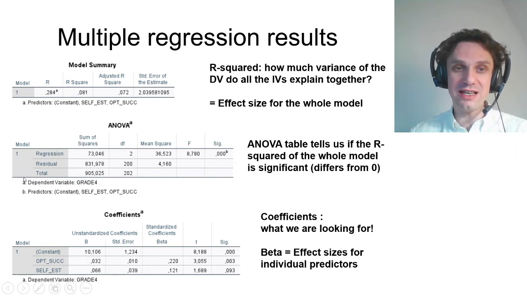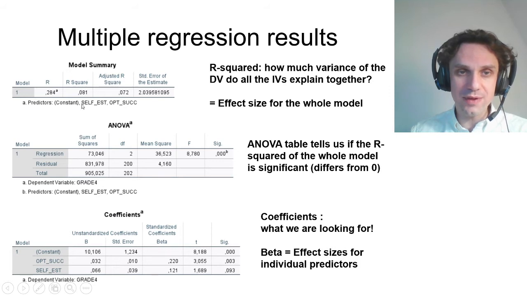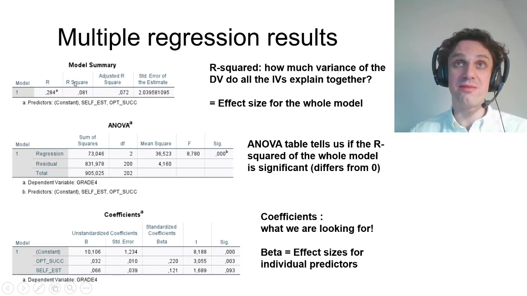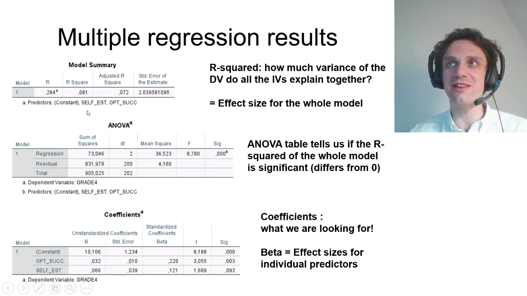And here we see that about 8% of variance in school achievement is explained by these two psychological characteristics. And if we make an adjustment for the number of variables, it is even a bit smaller. But normally we just report unadjusted R-square unless there are very many variables.